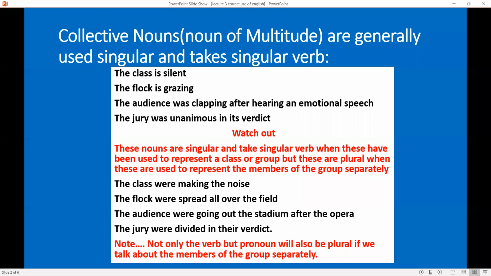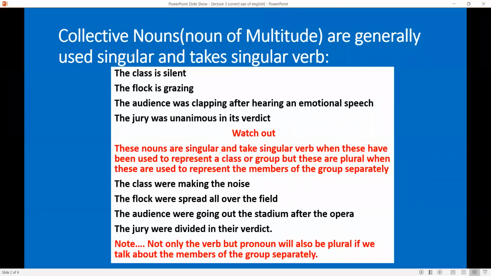This is Faiz Mahmood. Today, we will try to learn some more things about correct usage of English in writing as well as speaking. Here it is, collective nouns, which are also called nouns of multitude.